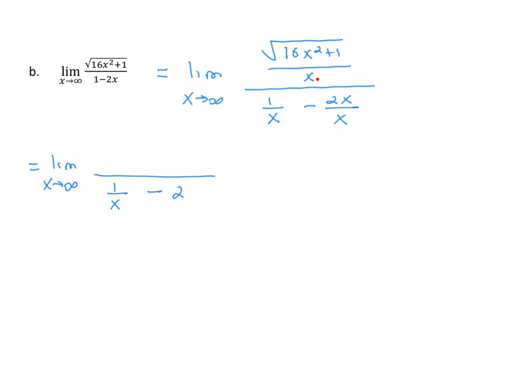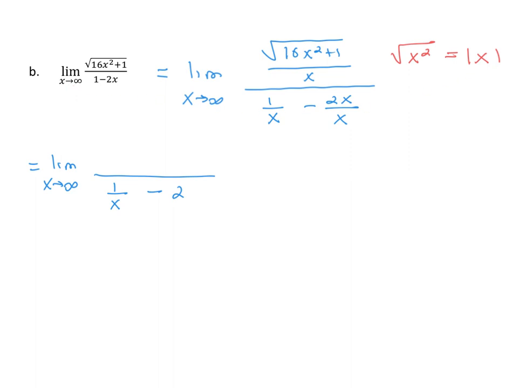I'd like to move this x somehow into the square root to break this up into a couple of pieces. And the way you can do that is by using the following identity. The square root of x squared is equal to the absolute value of x. However, since we're approaching positive infinity, there's really two choices, right?